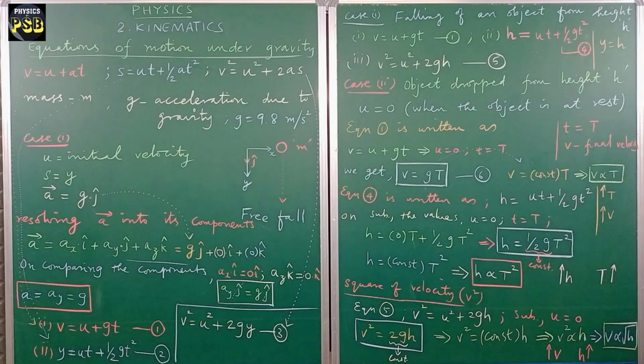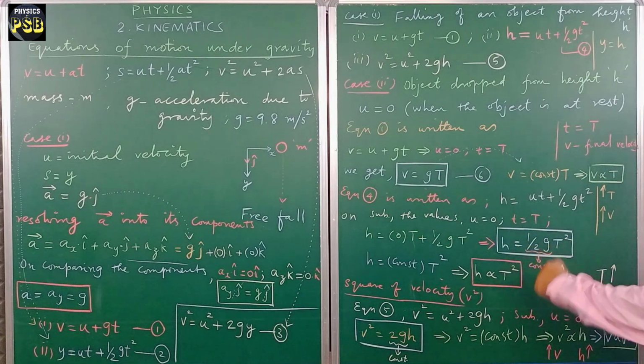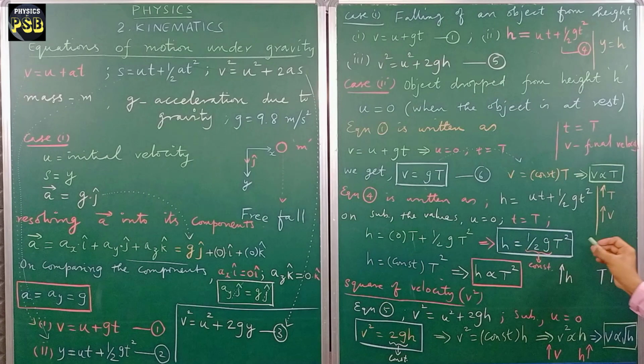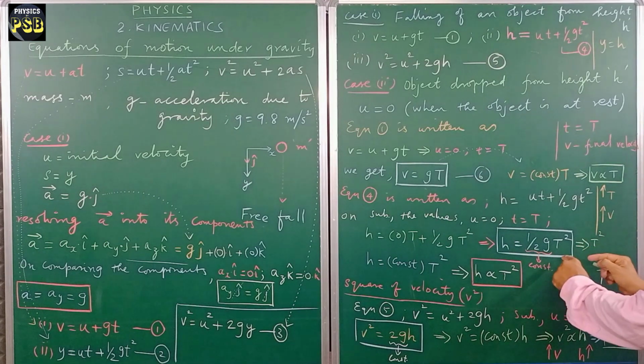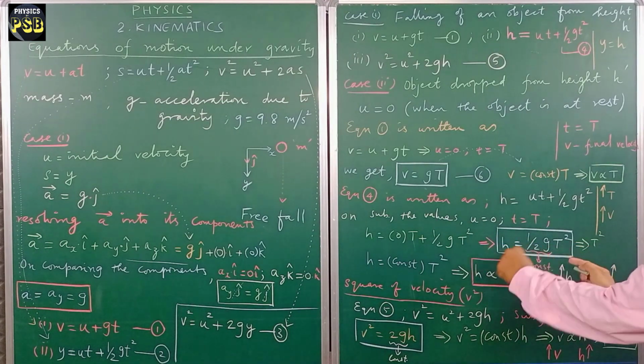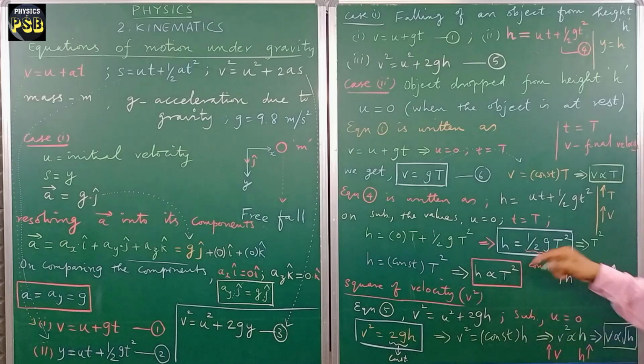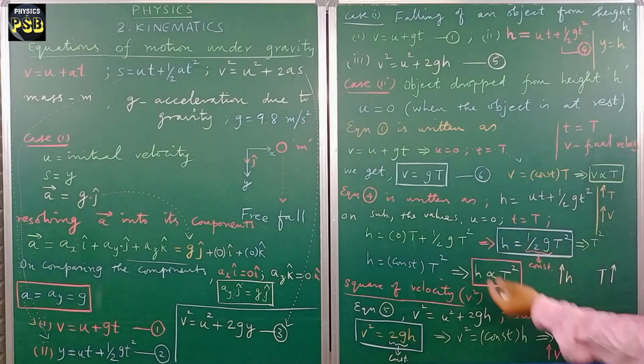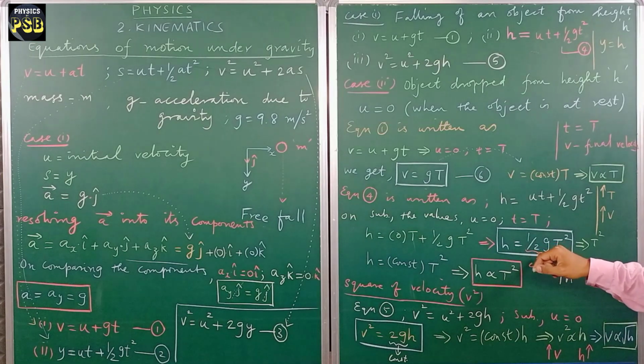Before concluding this topic, let me provide one more equation which is obtained from this equation. Now I rewrite it. I keep t on one side. I take this term to the left hand side and bring the other terms to the other side. Here 2 is in the denominator.